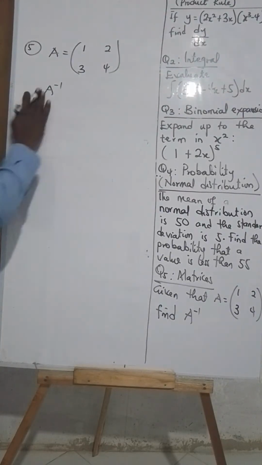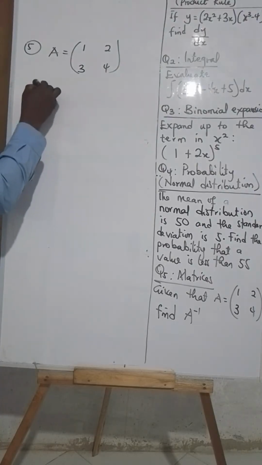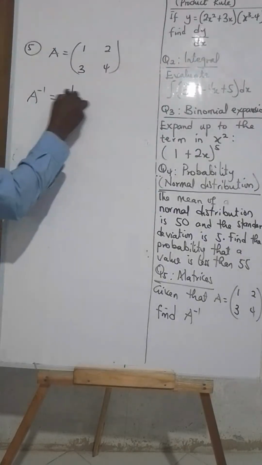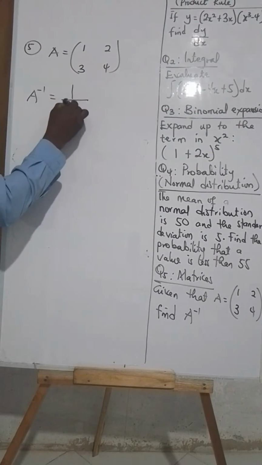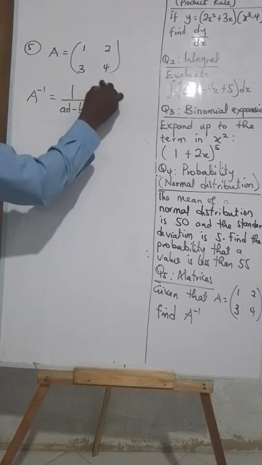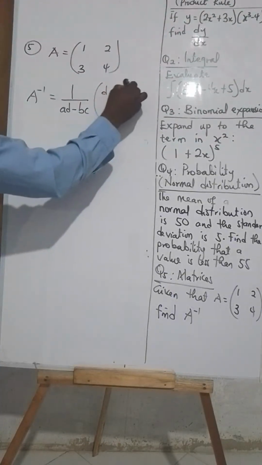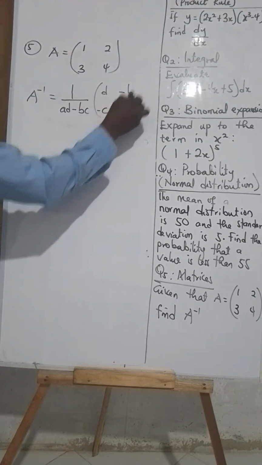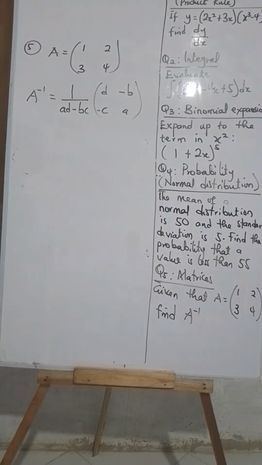So we all know the rule: we have 1 on AD minus BC, then we have D, minus B, minus C, A. Right, so this is very simple. You need to try this. It's a matrix question, so let's look at it.